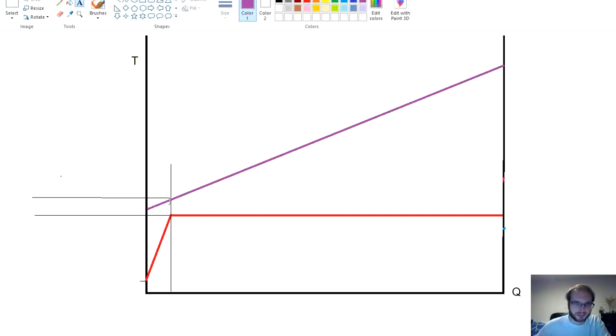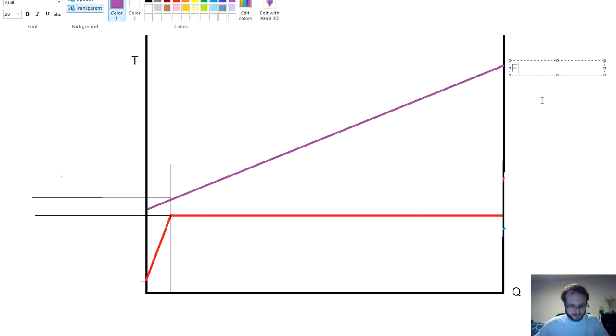Obviously the minimum temperature difference in the whole heat exchanger will be between these 2 points, because otherwise you could have case where the minimum temperature difference would be at this point, but then the flue gas would need to have extremely high temperature, which is typically not the case in any application where you evaporate the water, and the water gets heated up and subsequently evaporated to the steam.